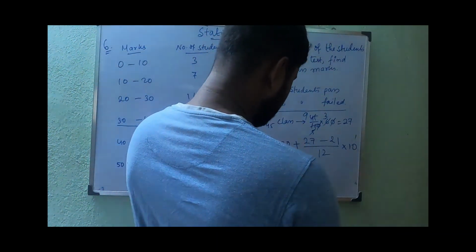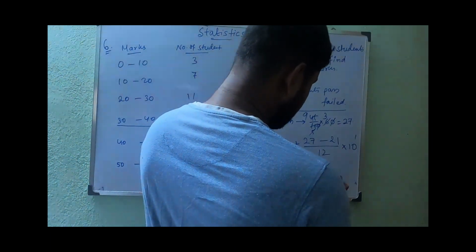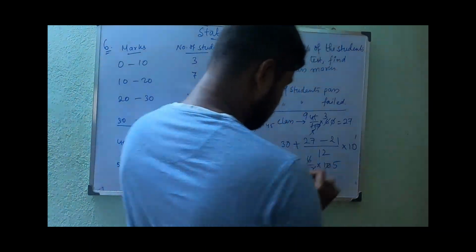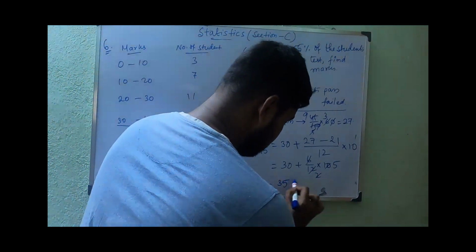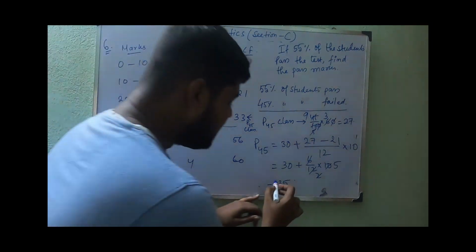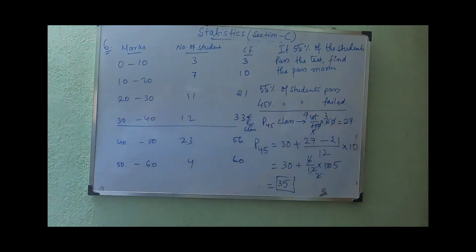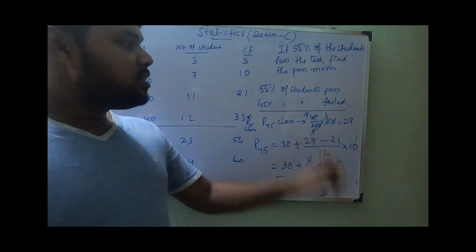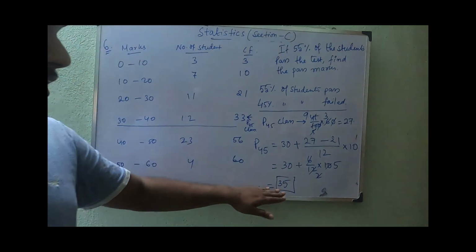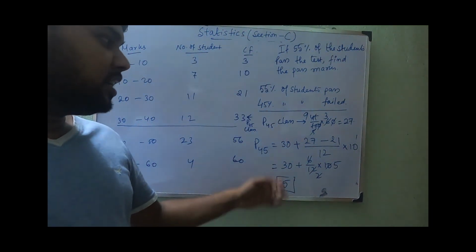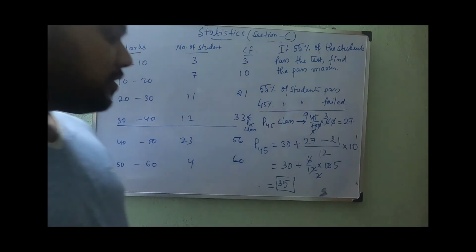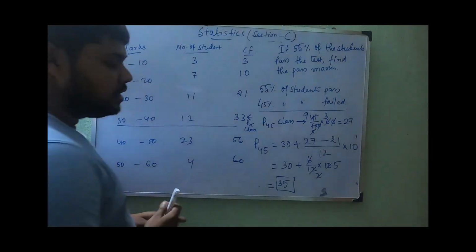That equals 30 plus 6 by 12 into 10, which is 35. So 35 is the marks which 45% of the students failed to secure. 35 or above is the marks that 45% of the students failed to secure. So the passing marks is 35.